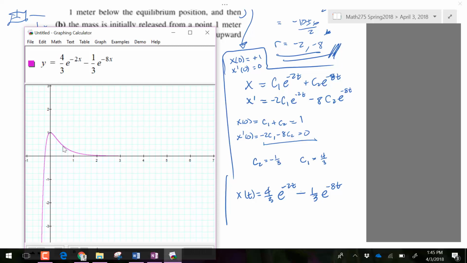And again, you have to look at this upside down. It's a little harder than looking at it sideways. Or I suppose we can just put a negative in front of it. But in any case, you pull it down, you let it go, and then it just goes back to equilibrium. So that's the idea of being overdamped.